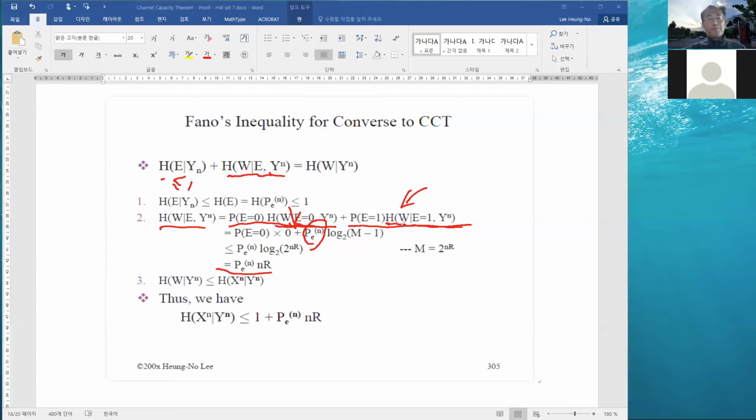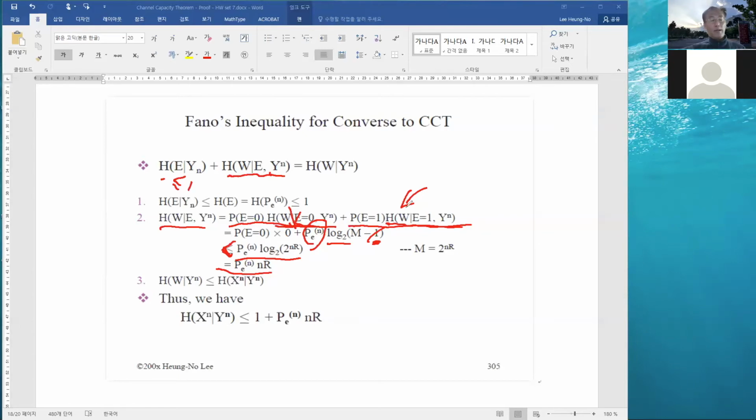Since W is uniform random, that is log 2 of the size of the message set excluding the transmitted index. The size of the message set is M minus 1. So we use this upper bound, excluding the minus 1. Strictly, we could say it this way, but M is very large, because it is 2 to the power of nR.